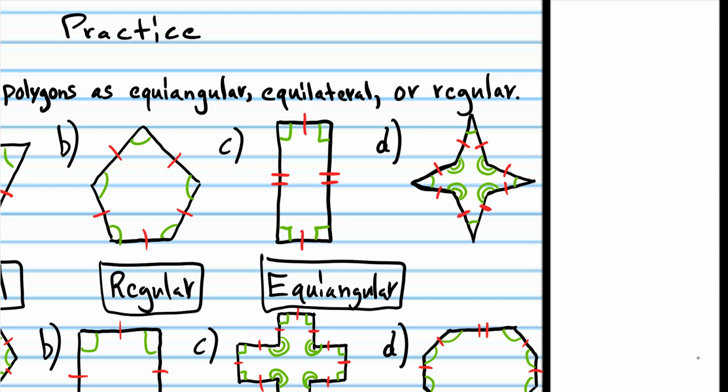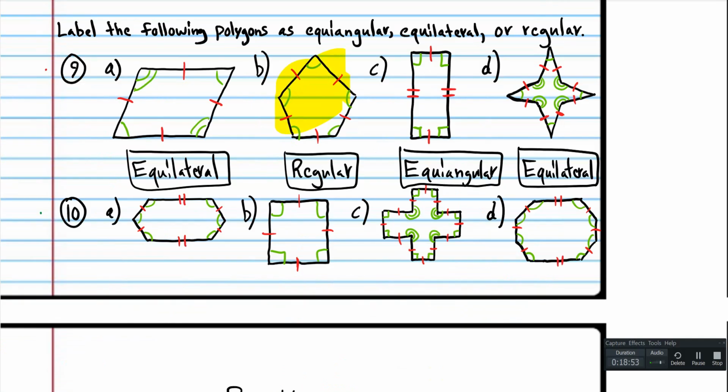So this polygon is equilateral. Now it is true that a regular polygon is equiangular and equilateral, but why would you write those two words when you can just say regular? So go ahead and try number 10, and when you come back we'll do it together.